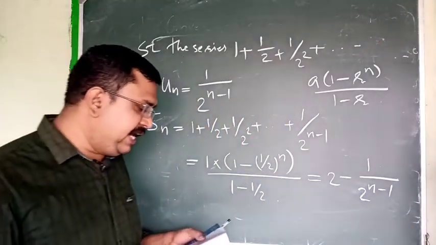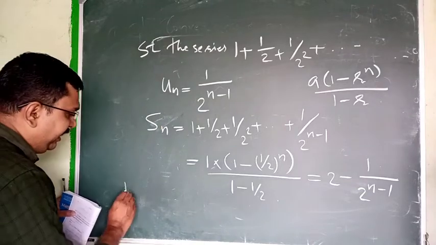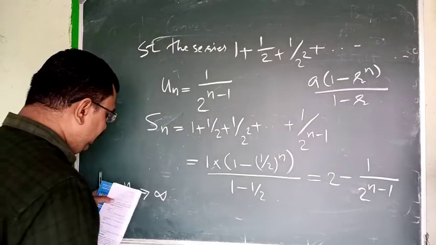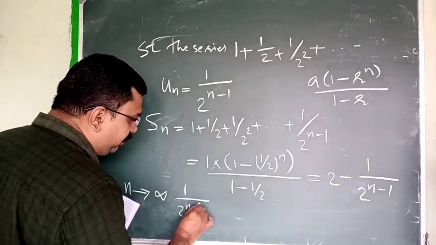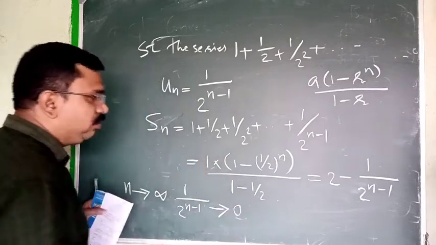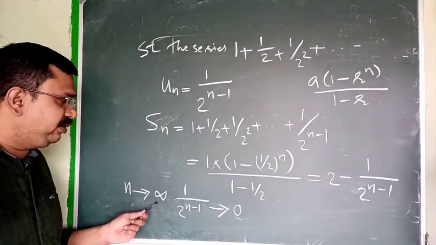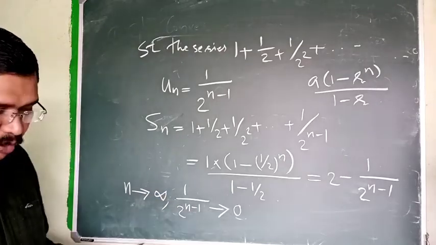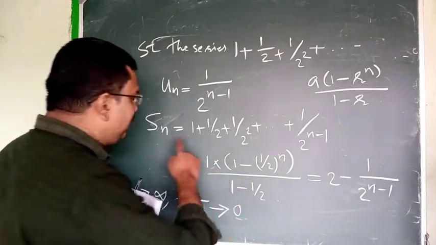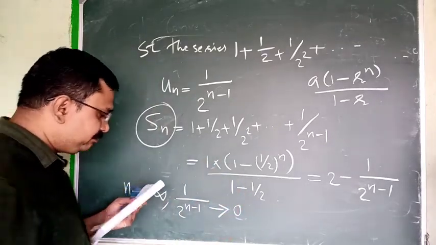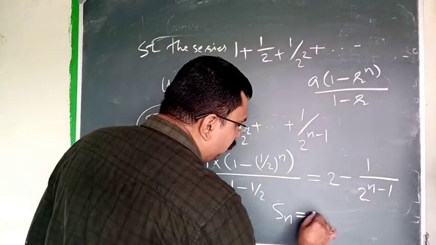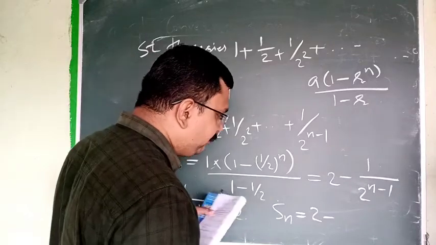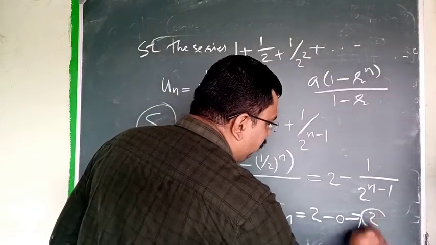Okay. Hence, when the value of n tends to infinity, then 1 by 2 raised to n minus 1 tends to 0. Remember that. Therefore, Sn equal to 2 minus 0, so Sn tends to 2.